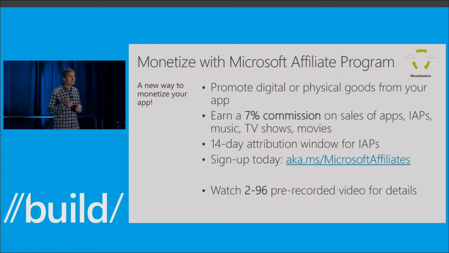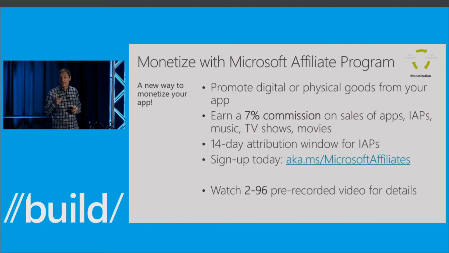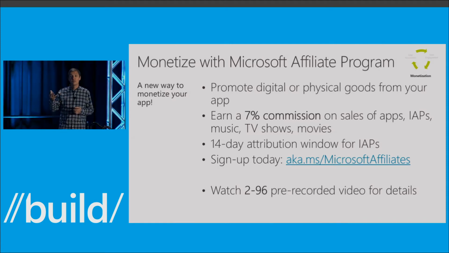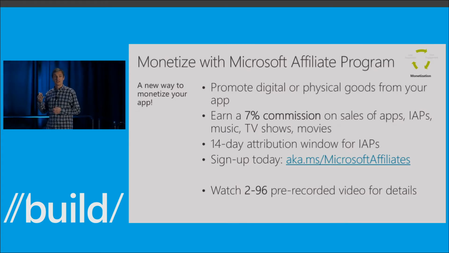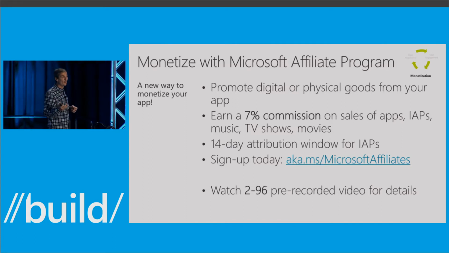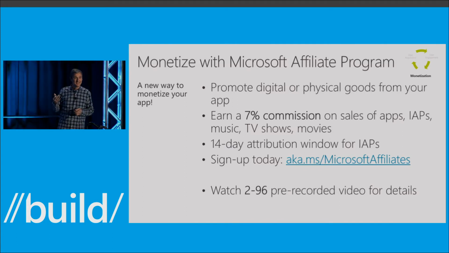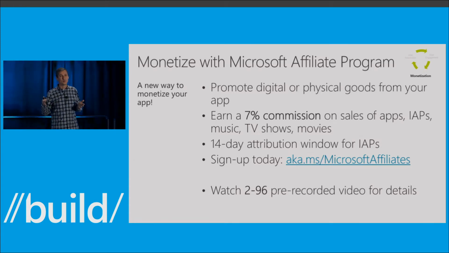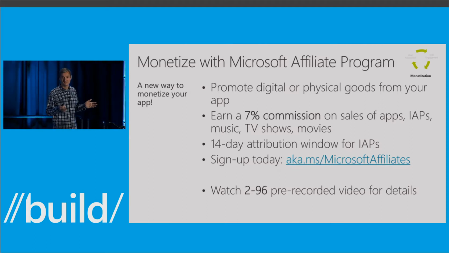You can earn a 7% commission on any apps, games, music, TV shows, and movies that are sold at the Microsoft Store today. It's very easy to participate. You can even earn this same 7% commission on all the IAP purchases done by those users within a 14-day attribution window. This is way more than what any other affiliate program offers.